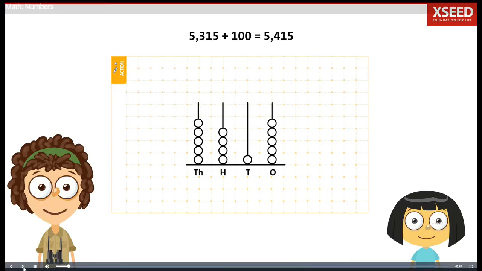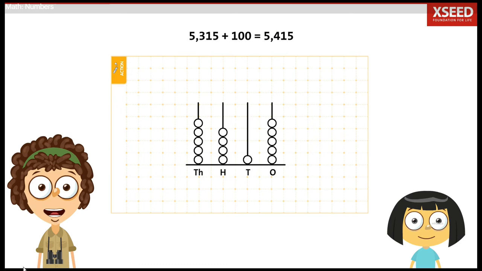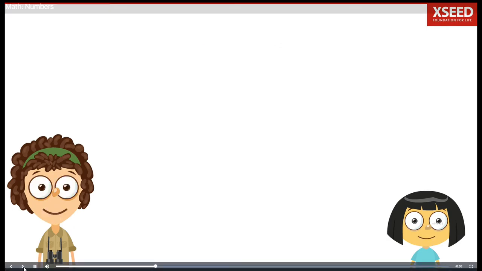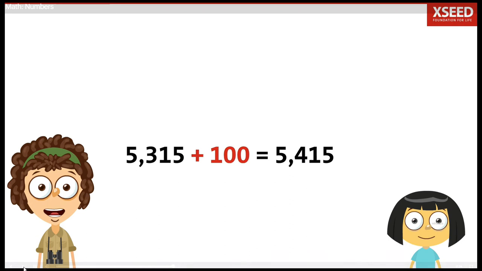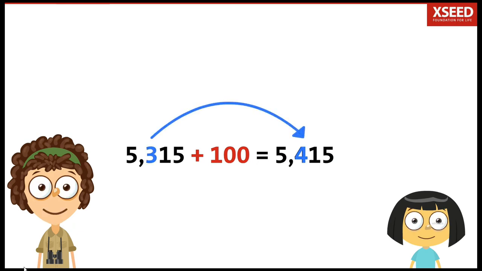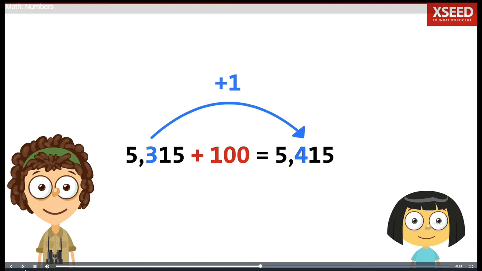Mia, the digit at which place value changed and how? The digit at hundreds place increased by 1. Excellent, Mia. So, we can see that on adding 100 to 5,315, the digit at hundreds place increased by 1.